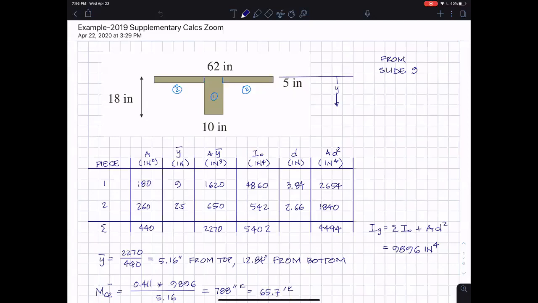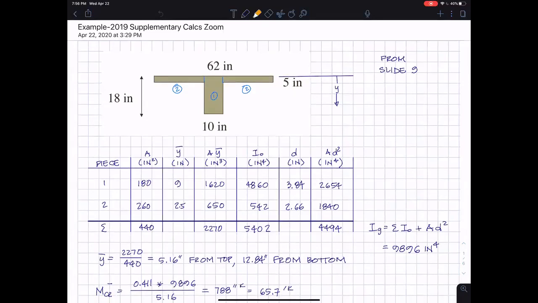So the first step is getting the centroid. I've made a table here. I've broken up this T-beam into the rectangular beam 1, shown here. And then the remaining 2 ears I've combined as one rectangle, and I call that piece number 2. You can see here the area of the vertical rectangle and the area of the ears.